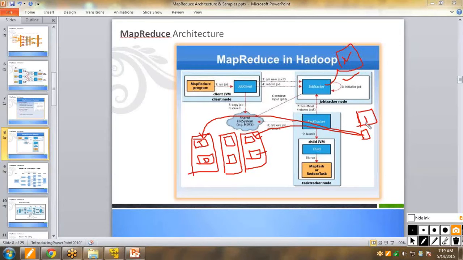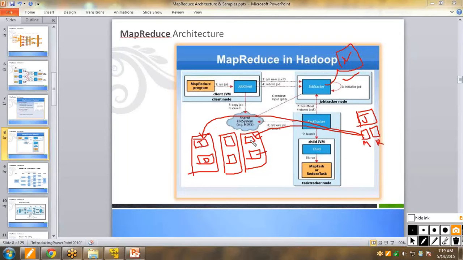So when the job has been configured, in the job we essentially have two sets of components. One is the map component, the second is the reducer component. The same map component will be passed on to the individual task trackers. So what is the qualification of an individual task tracker?